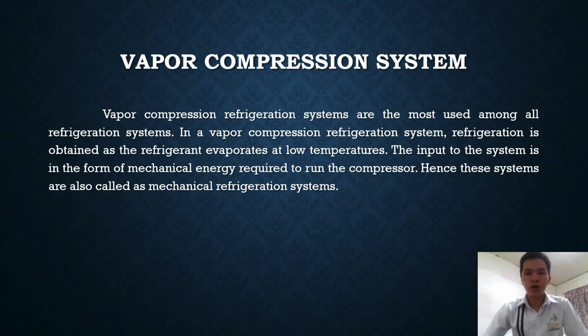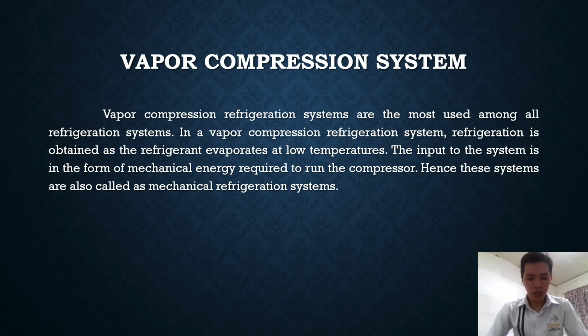a vapor compression refrigeration system is a system that uses liquid refrigerant in a closed system, which circulates the refrigerant through four stages, which is alternately compressed and expanded, changing it from liquid to vapor.